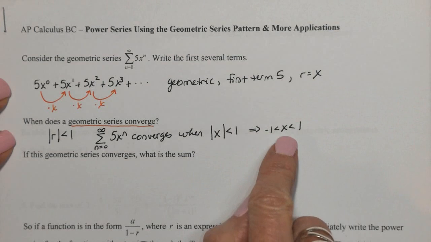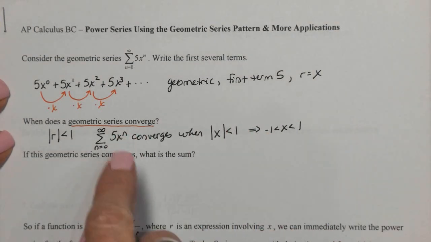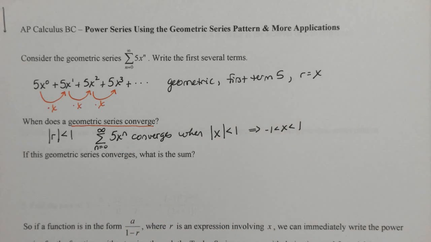That is the interval of convergence for this series. And we were able to do that very quickly without doing the ratio test, right?